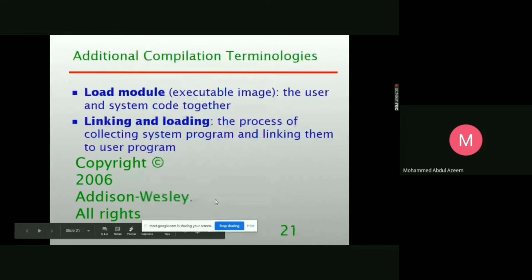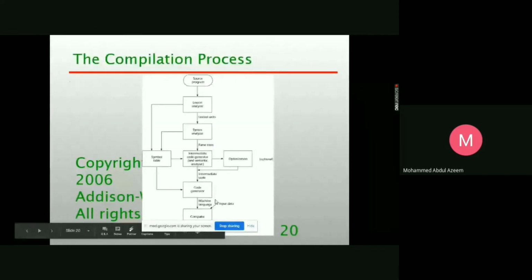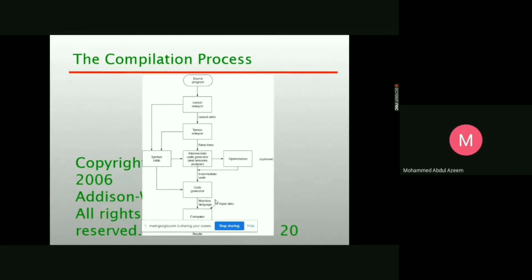Detailing the same, again, the lexical analyzer gathers the characters of the source program into lexical units. The lexical units of a program are identifiers, special words, operators, and punctuation symbols. The syntax analyzer takes the lexical units from the lexical analyzer and uses them to construct hierarchical structures called parse trees.